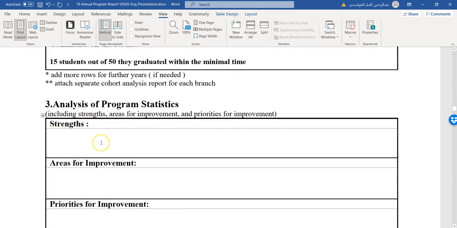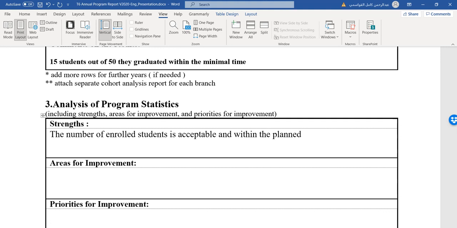For example, what we can say, for example, the number of enrolled students is acceptable and within the planned, for example, within the planned tasks.